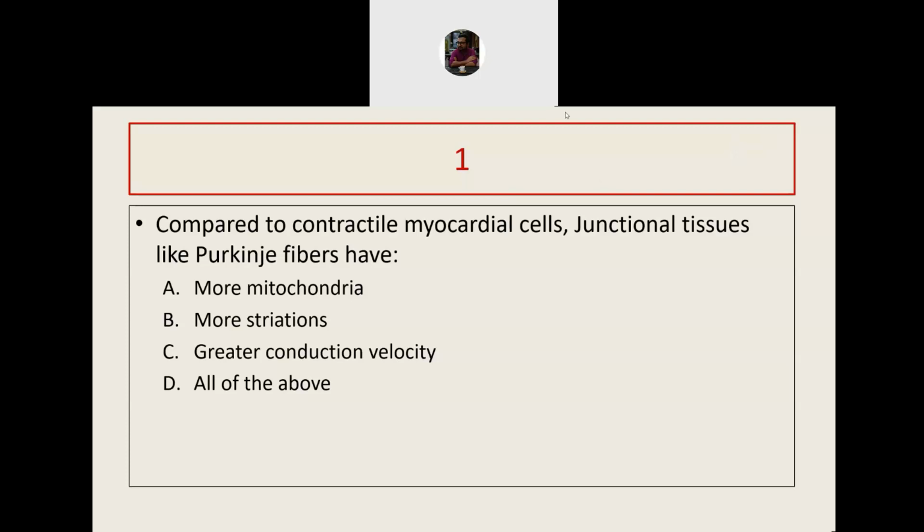Please type in your answers. I see that the answers are split between C and D, with more people going for D. The next question.